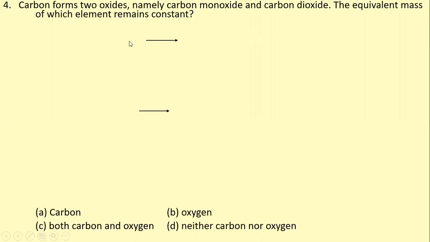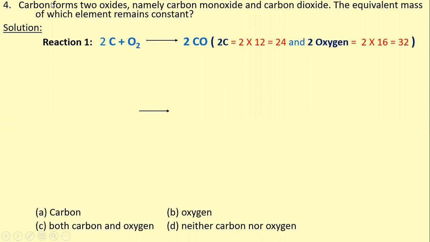Carbon monoxide will be formed from carbon and oxygen. Here 2 carbon, here also 2 carbon, and 2 oxygen, and here also 2 into 1 is 2. So both the reactant and the product get balanced, which means it is a stoichiometrically balanced equation.